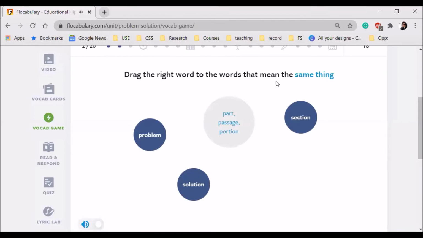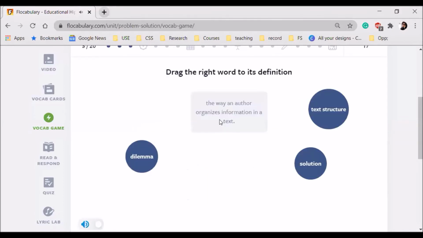Okay, drag the word that means the same thing. Part, passage, or portion. Come on, quickly. Section. Okay, very good. Please respond quickly so we can enjoy it. Okay, very quickly. Direct the right word to its definition. The way the author organizes.